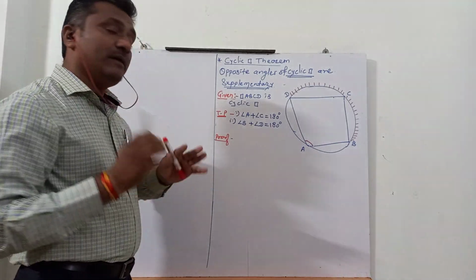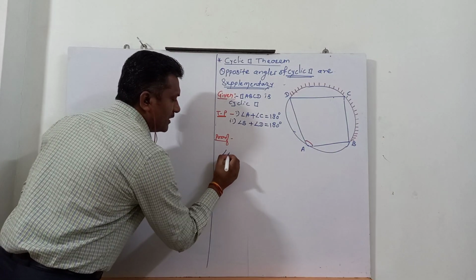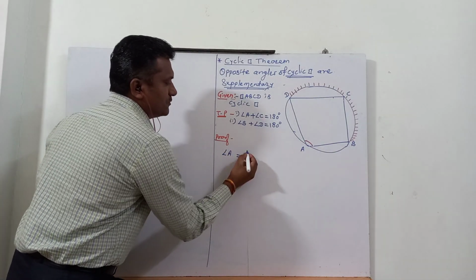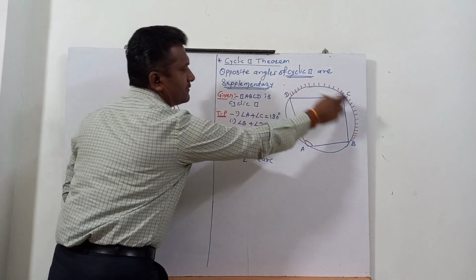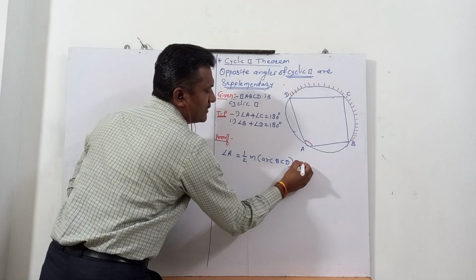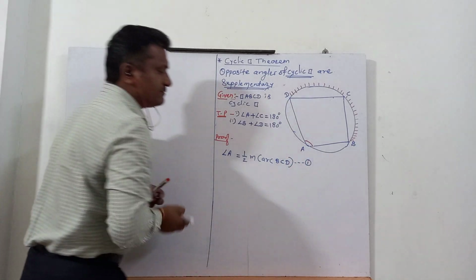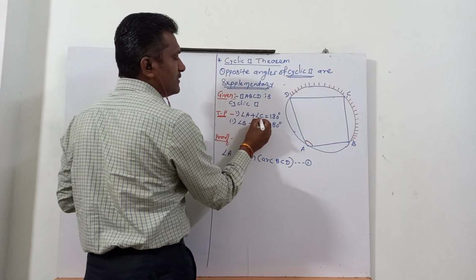So we will apply the inscribed angle theorem for angle A. First of all, angle A equals half the measure of arc BCD. Equation number 1. Clear? Now which is the opposite angle of angle A?